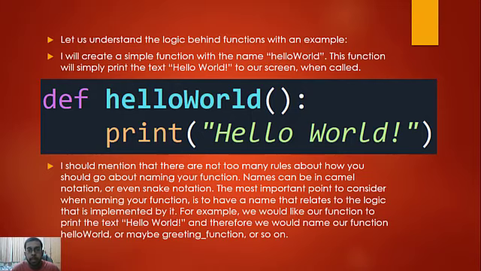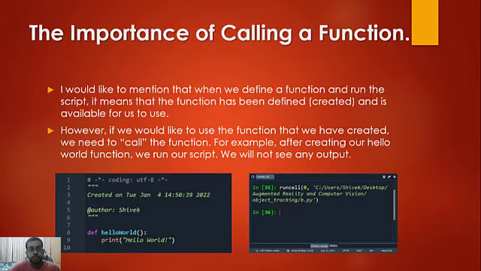Names can be in camel notation or even snake notation. The most important point to consider when naming your function is to have a name that relates to the logic that is implemented by it. For example, we would like our function to print the text hello world, and therefore we would name our function hello world, or maybe greeting function, or so on.